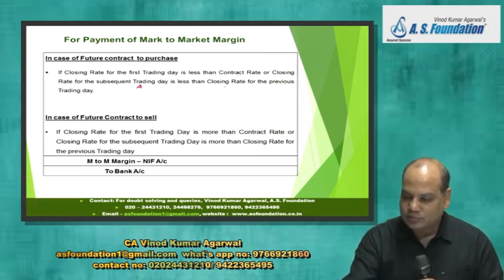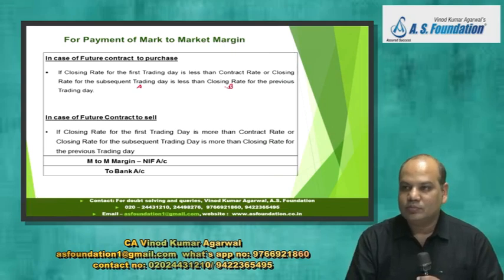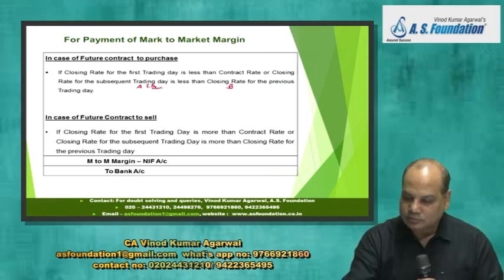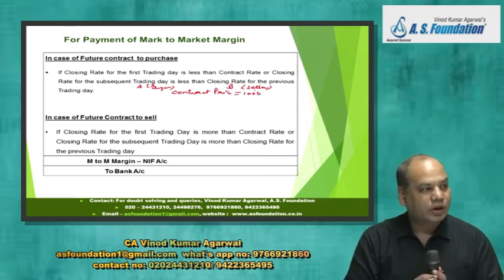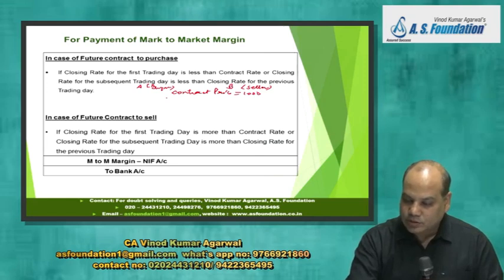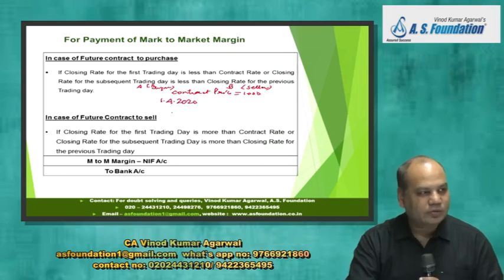suppose A and B enter into a future contract. A is the buyer, B is the seller, and the contract price is, let us say, 1000. This contract was entered into on, say, 1st April 2020.